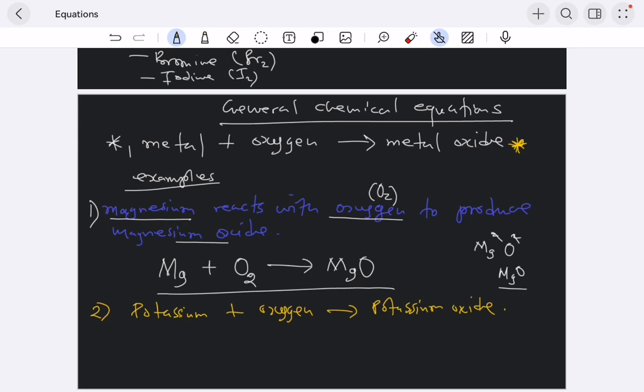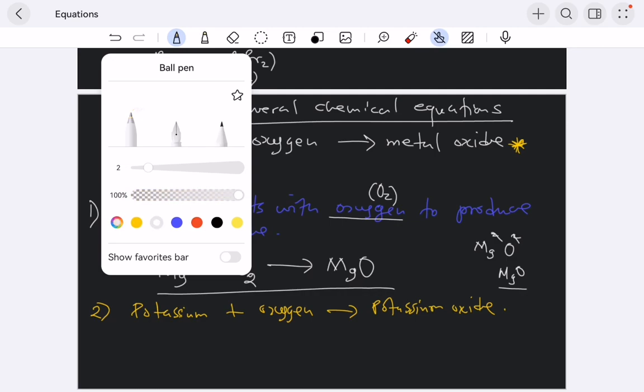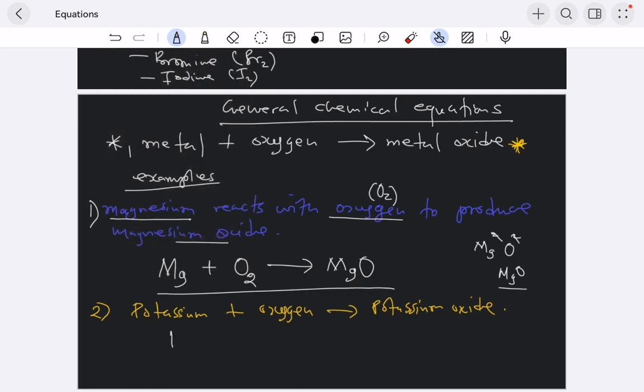So how do we write the formula? We know potassium is K, and oxygen is O2. How do we write potassium oxide? We are combining potassium, valence number 1, and oxygen, valence number 2. When we interchange, we get K2O. So that is the chemical equation.